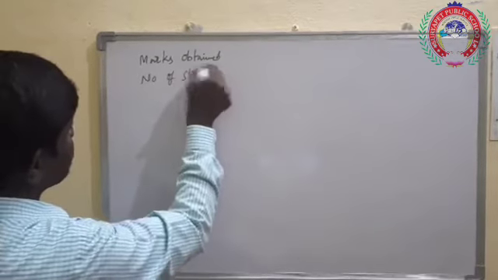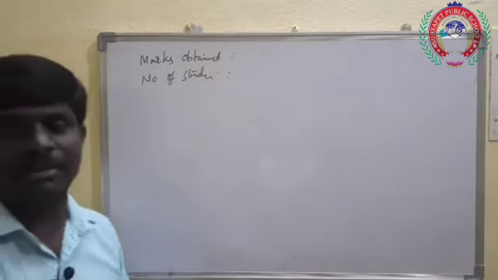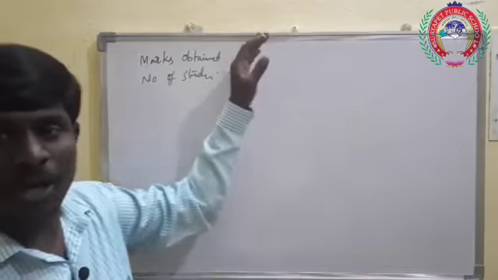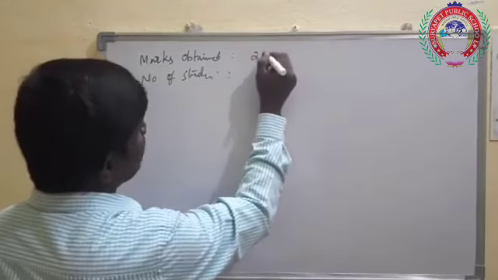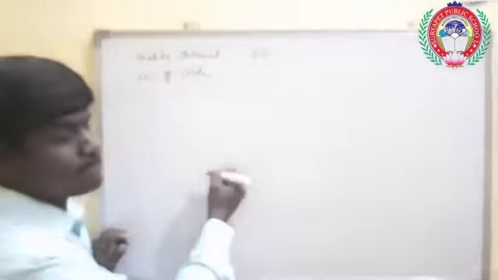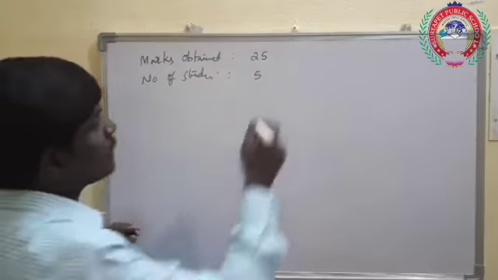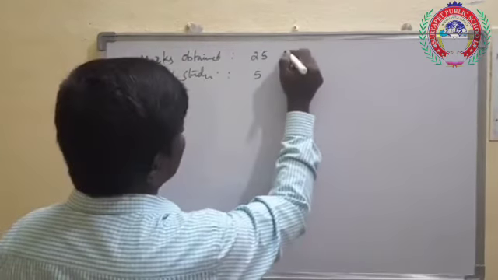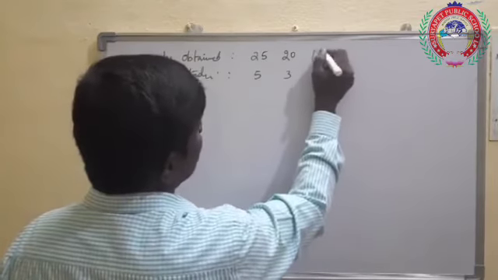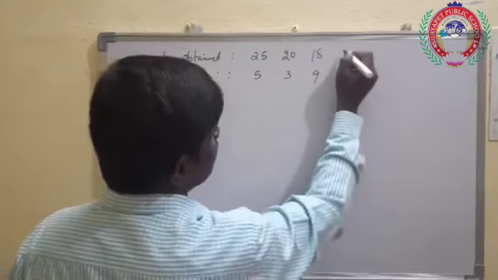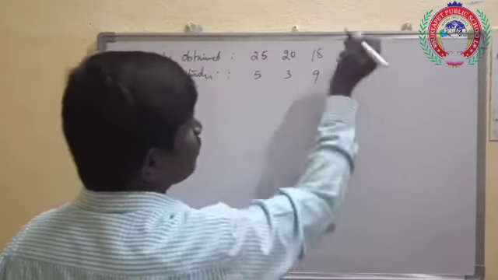Suppose we have conducted an examination and marks are recorded as follows. 5 children have got 25 marks and 3 children have got 20 marks. 9 children have got 18 marks and 10 children have got 15 marks.